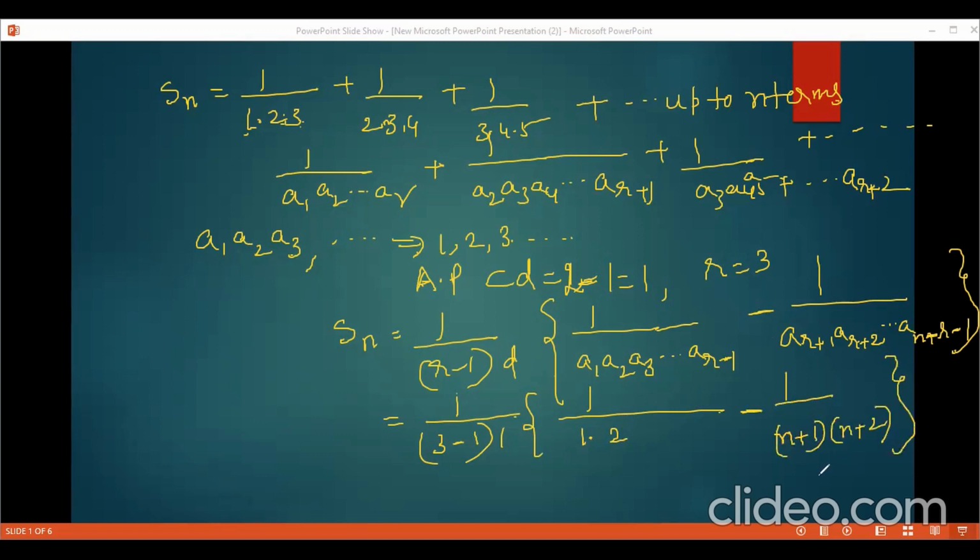What do we get finally? 1 by 3 minus 1 is 1 by 2, so 1 by 2 into [1 by 2 minus 1 by (n plus 1)(n plus 2)]. This is the final answer.